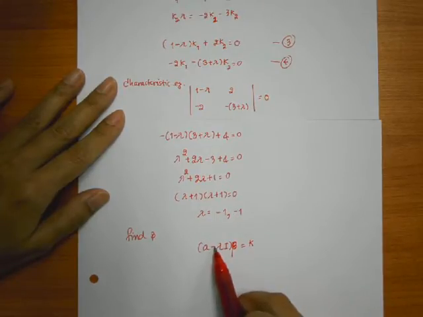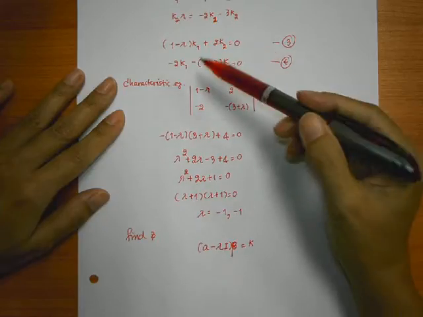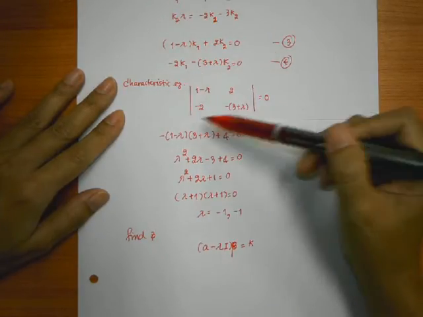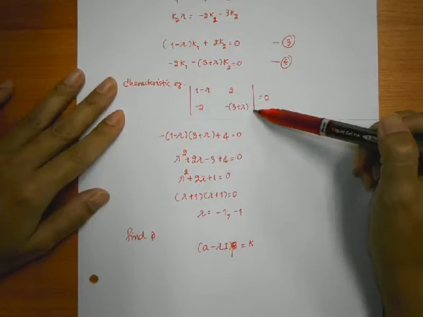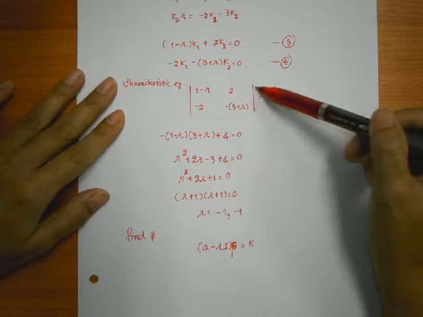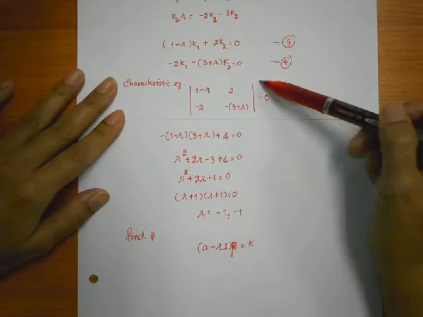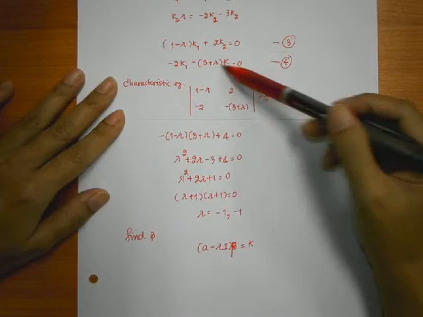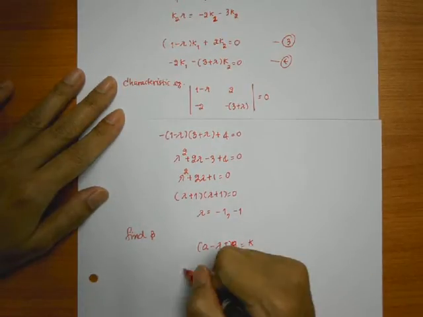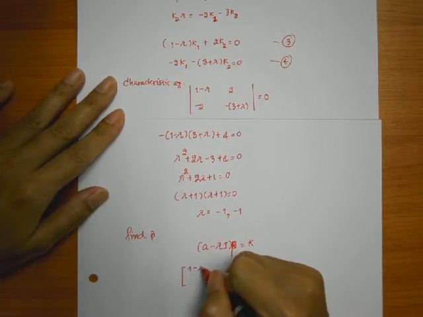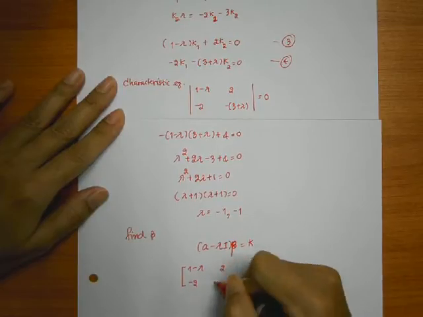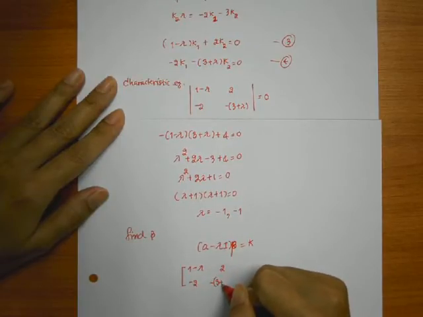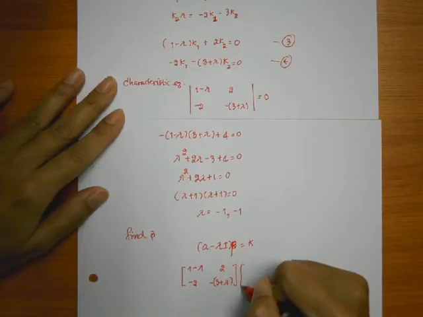A minus lambda I is equal to this term, from the characteristic equation. So I would write it this way. And then we need to find beta.